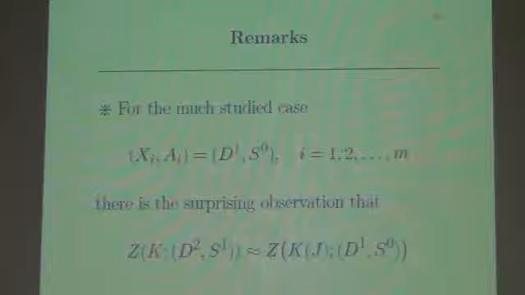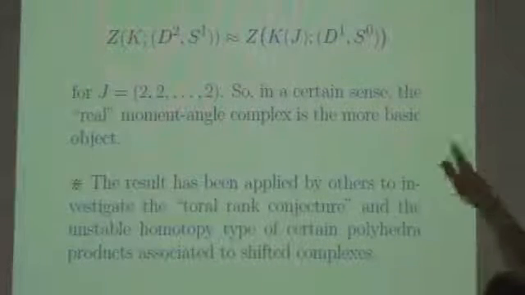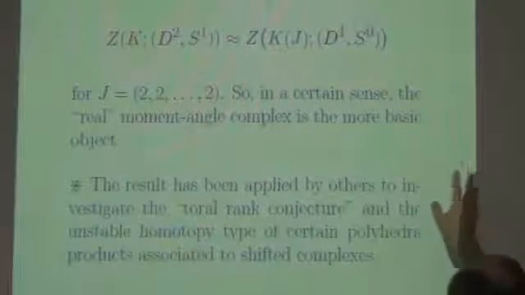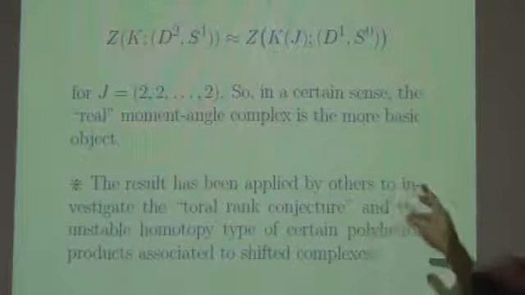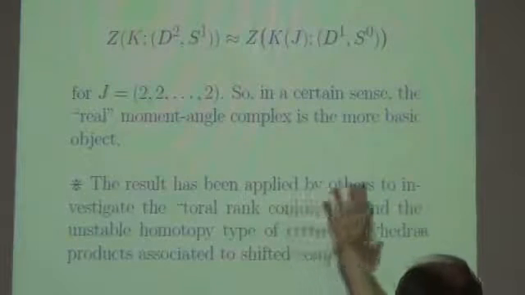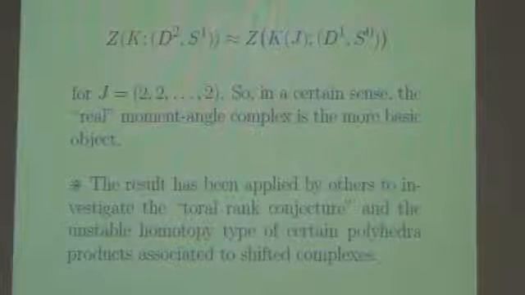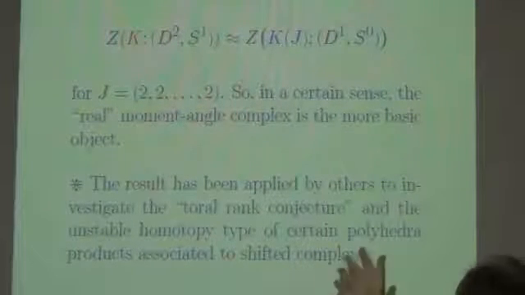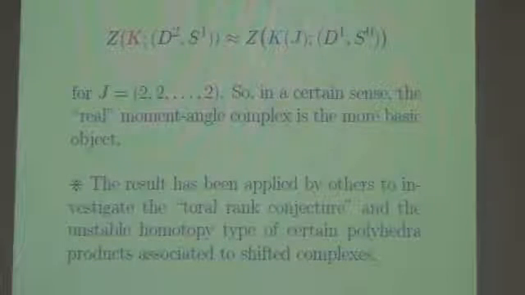That's just a conjecture. Now, to get from here to here, J has to be all 2's, and then this side is the same as that side. And so these results, long ago when we first thought of them, even though there was a problem with attribution, have been applied to the toral rank conjecture of Buchstaber and also to the homotopy type of products associated to shifted complexes. And there are other applications as well.